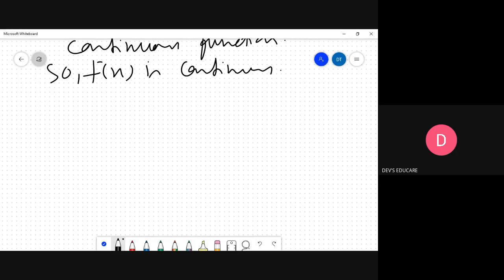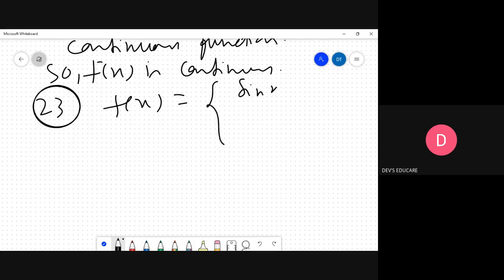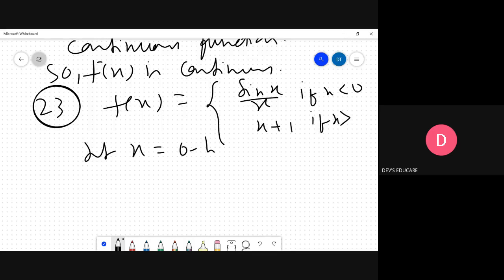So 23. Find all points of discontinuity if f(x) equals sin x upon x if x is less than 0, and x plus 1 if x is greater than or equal to 0. So let x equals 0 minus h.